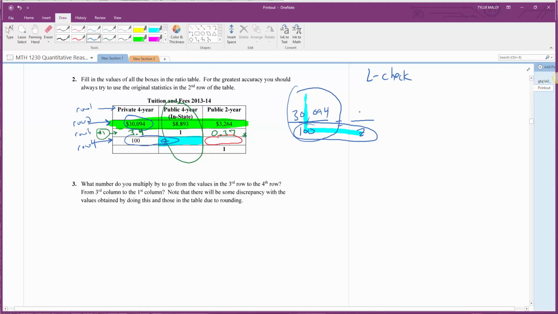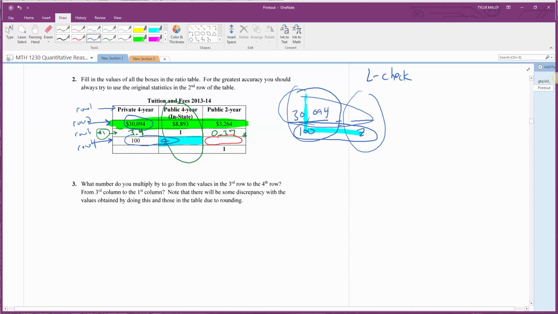So the L check is important, but the things have to make sense horizontally this way and also vertically this way. It has to all make sense. The L check helps keep us in the right order.